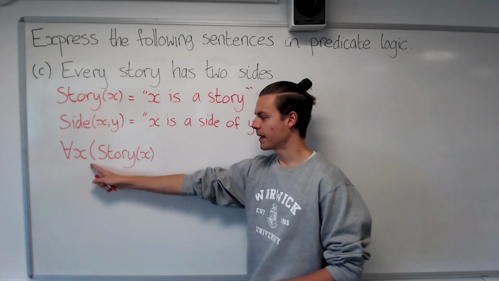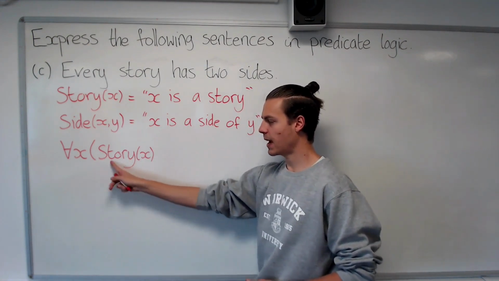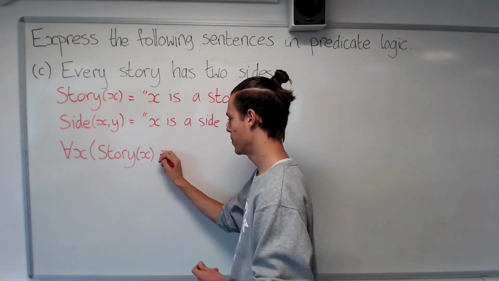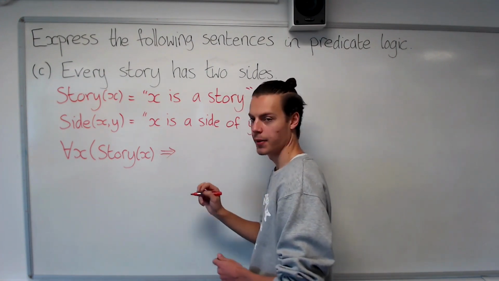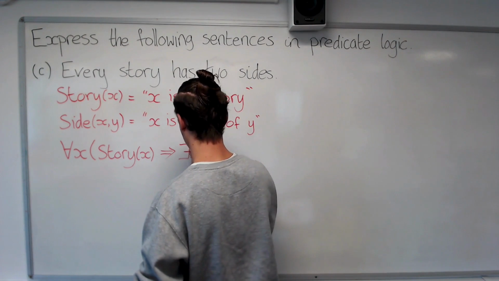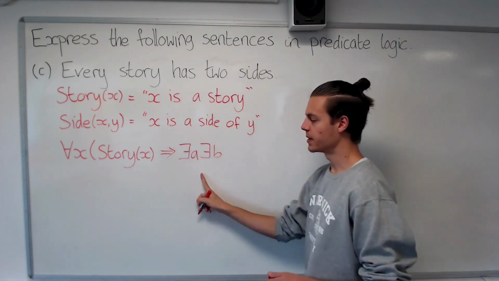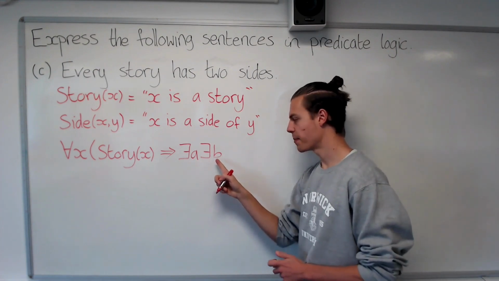So if we take anything x, and that thing happens to be a story, then, okay, there is a thing A and there is a thing B, right?